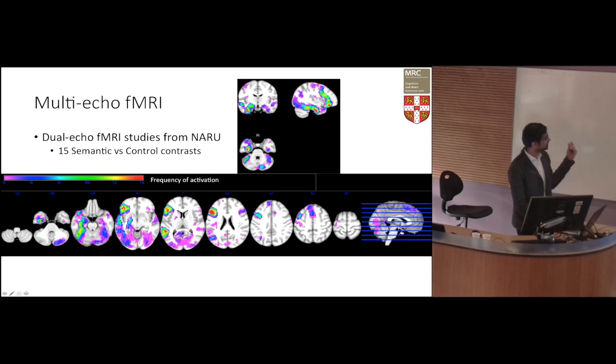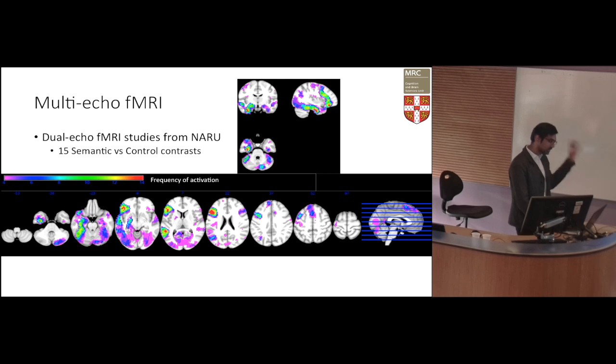There's a couple of voxels in the very anterior ventral part of the left temporal lobe that was found on 14 out of 15 of the tests that we did. So pretty convincing that if you have an fMRI sequence that can detect the activity there and you run a semantic task, you probably will find it.